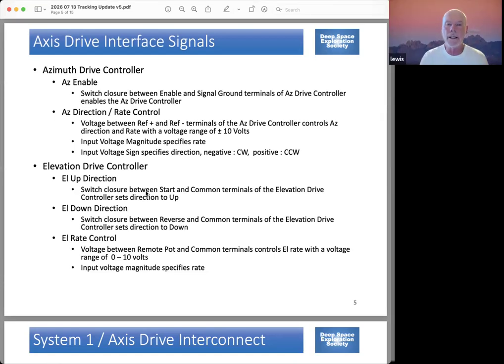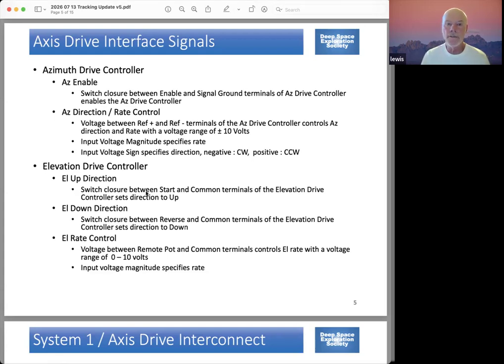So this next slide, the interface signal, is just kind of a summation of those various signals that we talked about in the diagram, and I'll just review it quickly. The AS drive controller, to make it move, you have to hit it with an AS enable. And then you use the voltage to control the direction and rate of the AS drive.